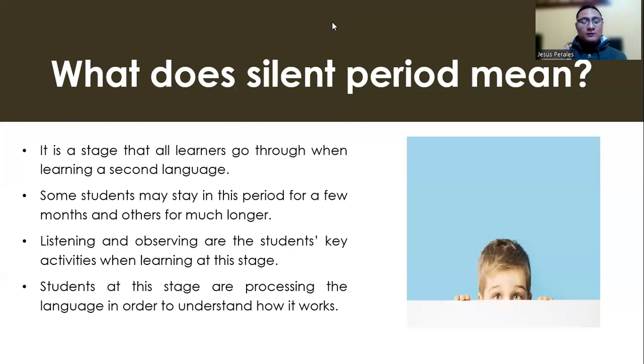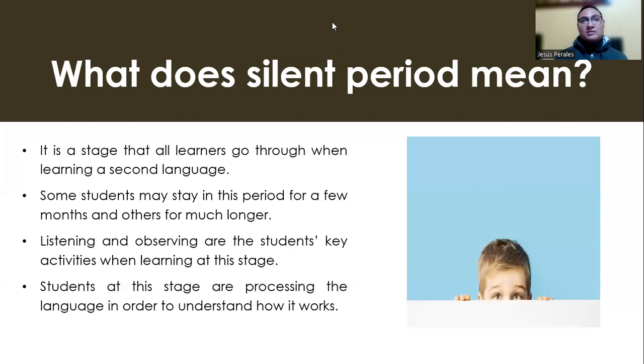It could be influenced by personality, social interactions, the family values, or how the socializing process is seen in their background. For example, if we have a student that is an extrovert, talking about personalities, probably her or his silent period is going to be shorter than a student that is an introvert.